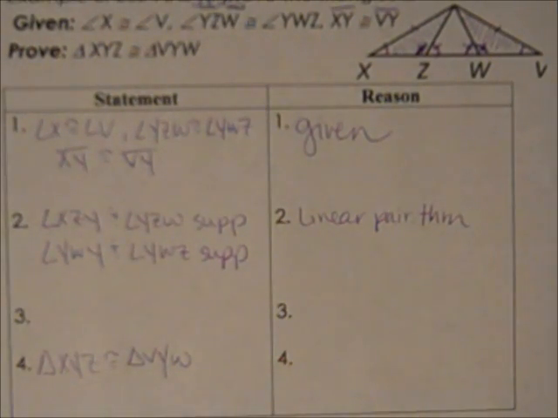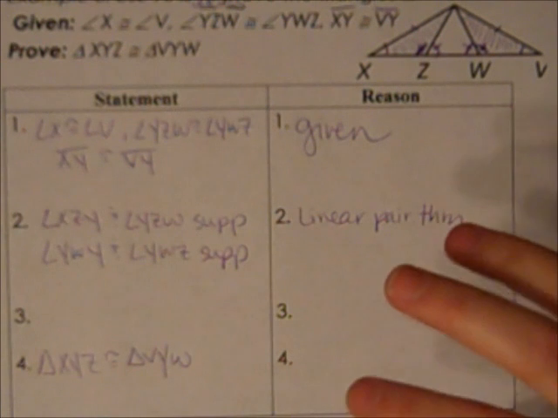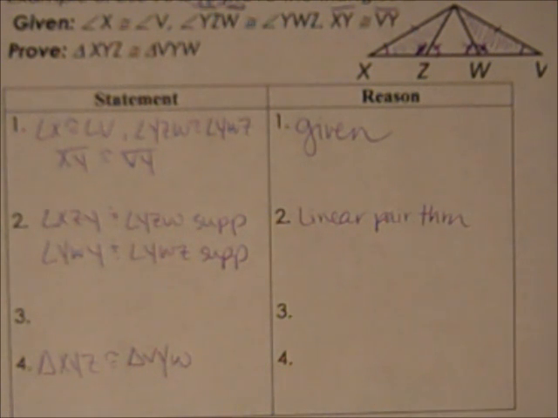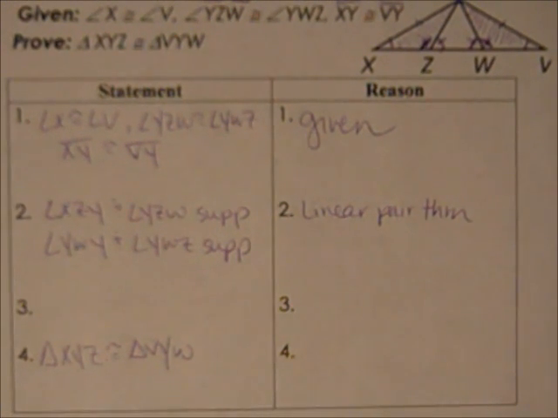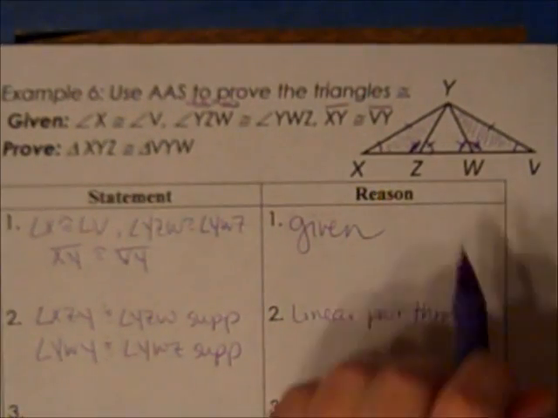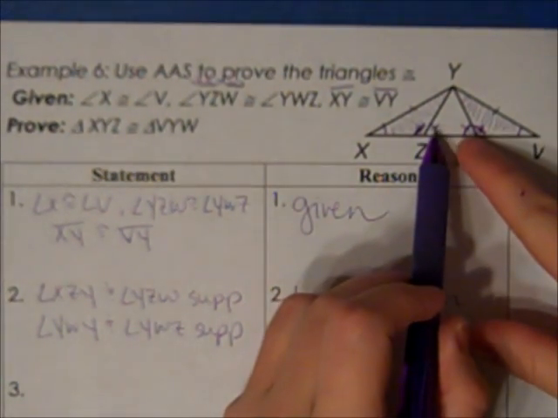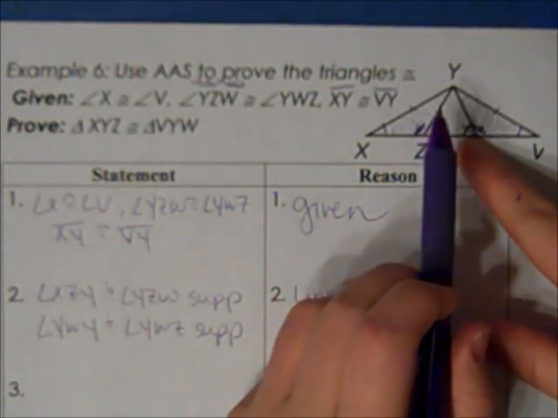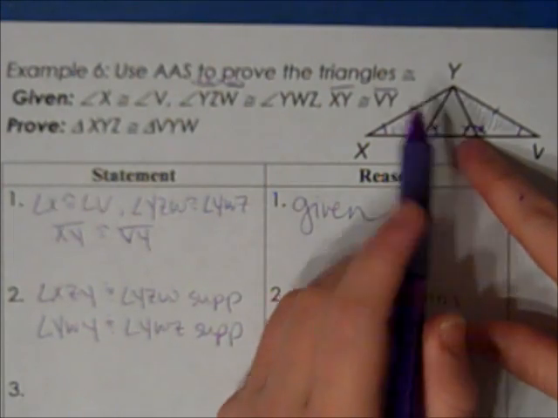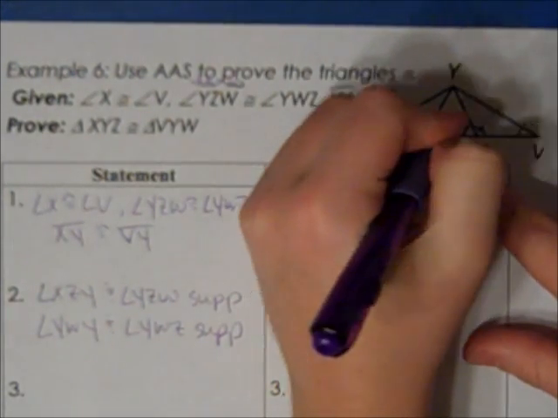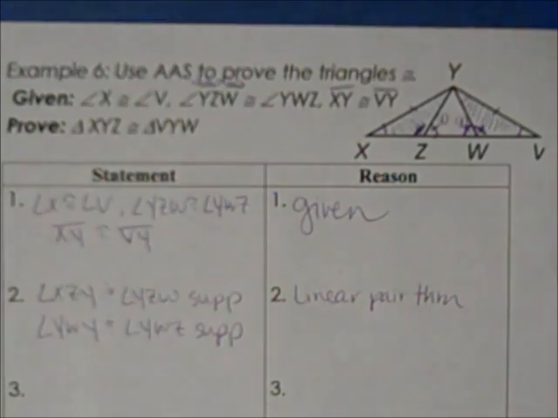Now this is kind of 2 steps in one, and this is a proof where we used a theorem we don't use very often, but it's very important. I can consider these 2 angles on the inside the exact same angle because they are congruent. So if I want to call this one angle 1, I can also call this one angle 1 because they're the same angles.